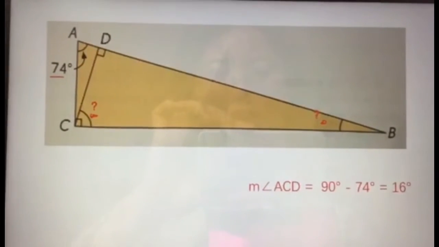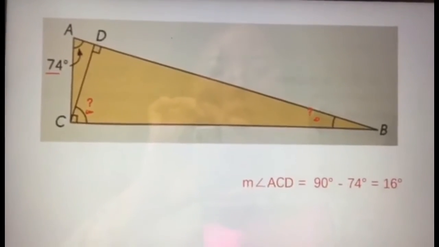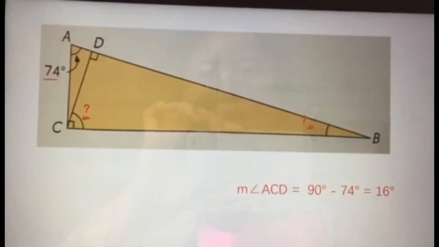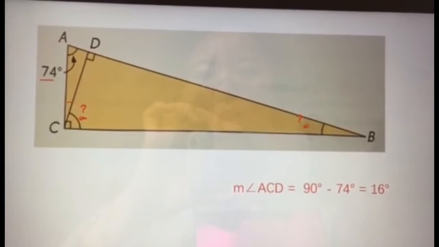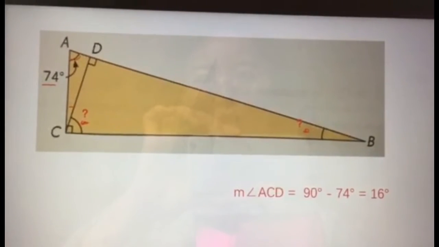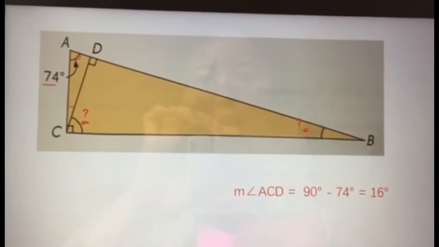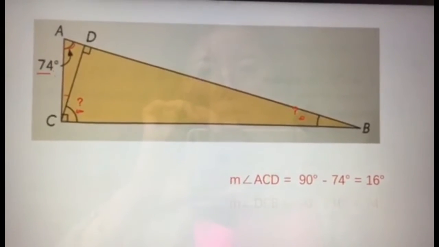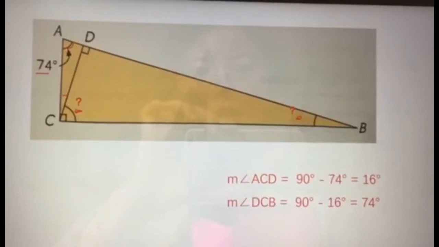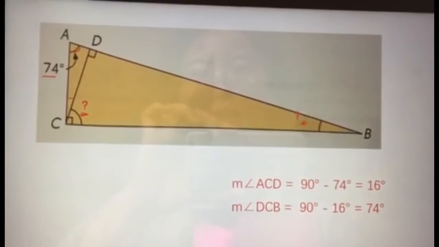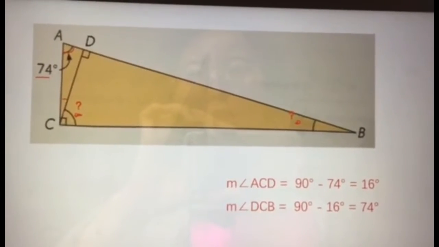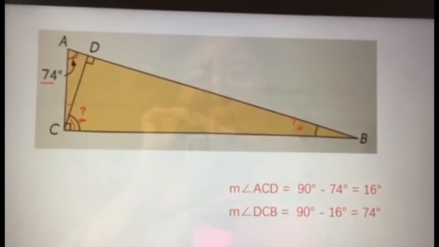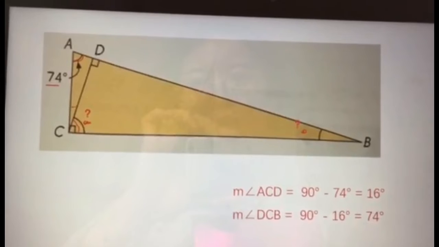The one I started is, since angle ACD plus angle A is 90 degrees, angle ACD is 90 minus 74, which is 16 degrees. And angle DCB is 90 degrees minus angle ACB, right?